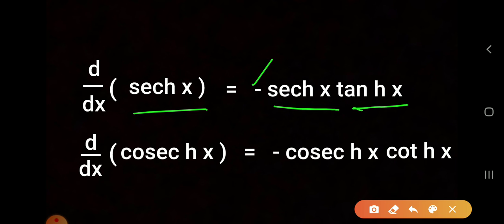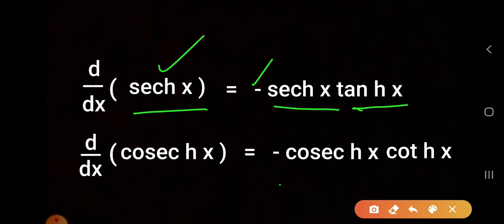In the same way, trigonometric functions are also the same manner: the derivative of secant x equals secant x into tan x, and here cosecant x equals minus cosecant x into cot x. Hyperbolic also has the same formulas, but with a little bit of change. Only the sign before it is important.